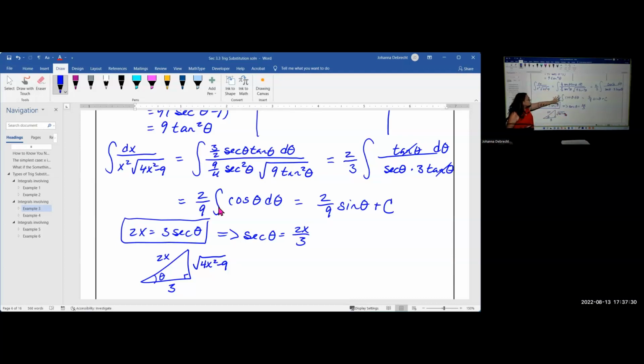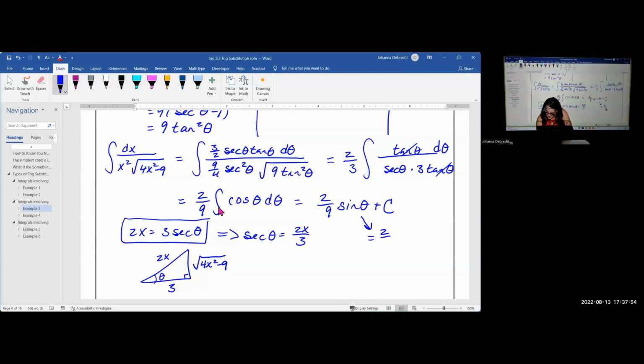Now we need to rewrite this answer that we have right here in terms of x instead of in terms of theta. So looking at the triangle, we can see that the sine of the angle is the radical of 4x squared minus 9, all divided by 2x. So now I can come down here.